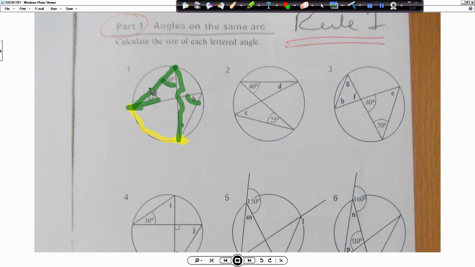This is so difficult to draw straight. There's your triangle. This is 50, so B will also be 50. So B is equal to 50 degrees. Fill that in over here.